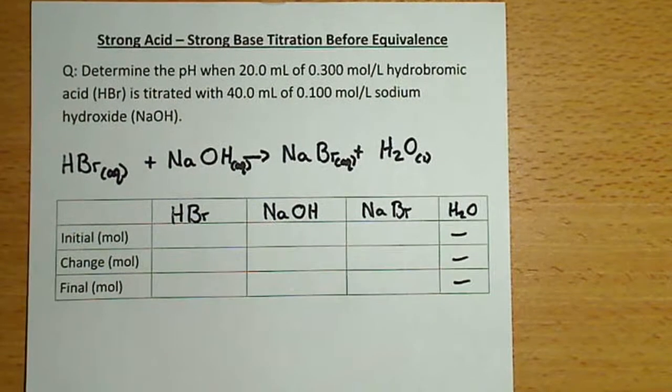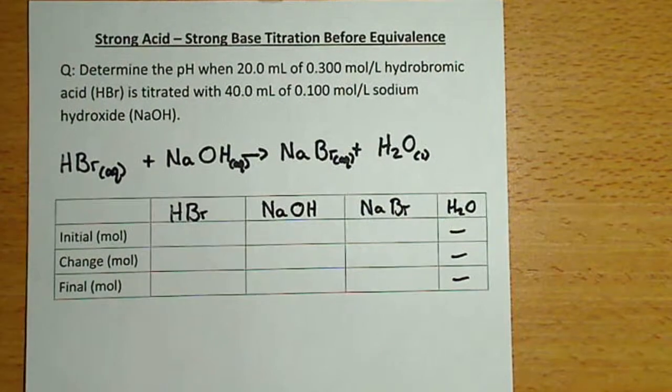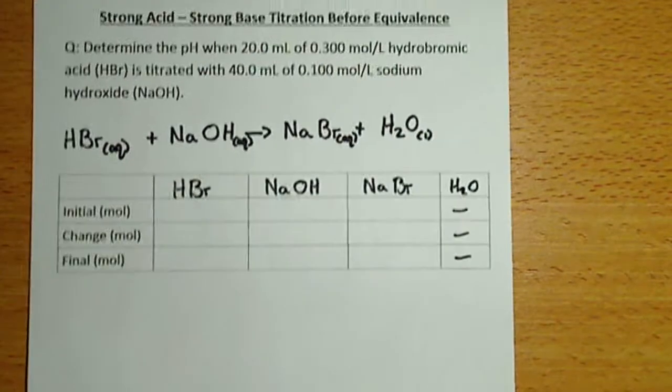Now, we've been given the initial volume and the concentration of our hydrobromic acid. So in order to fill out the initial mole column, we're going to need to determine the number of moles we're working with.